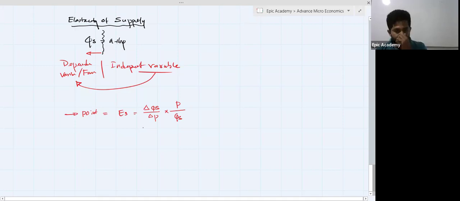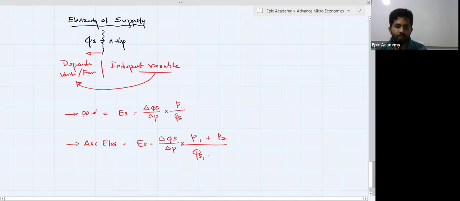You can calculate the elasticity coefficient at one certain price. Arc elasticity is calculated by ES equals delta QS divided by delta P multiplied by P1 plus P2 over QS1 plus QS2. Those are the two methodologies you can use to calculate the elasticity of supply.